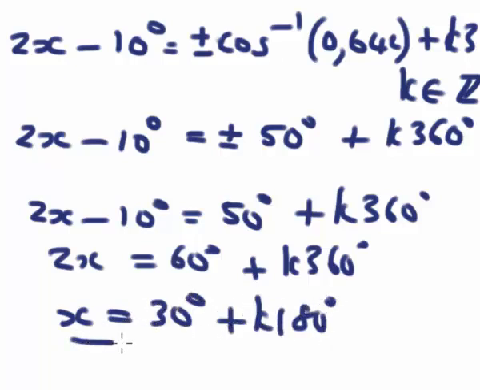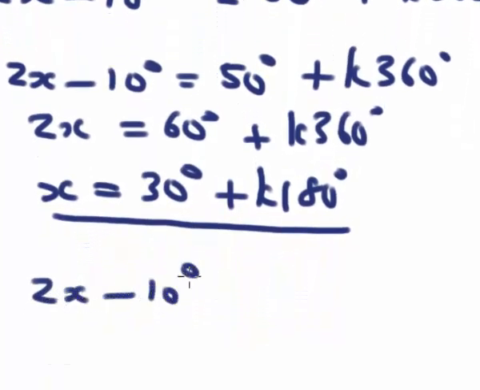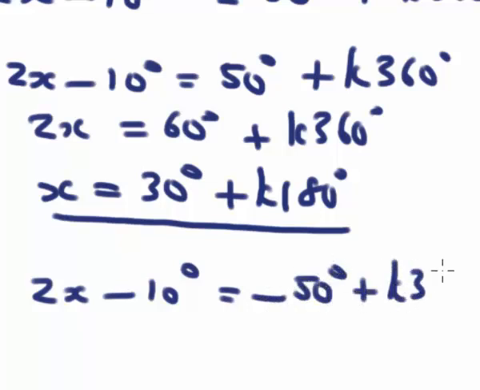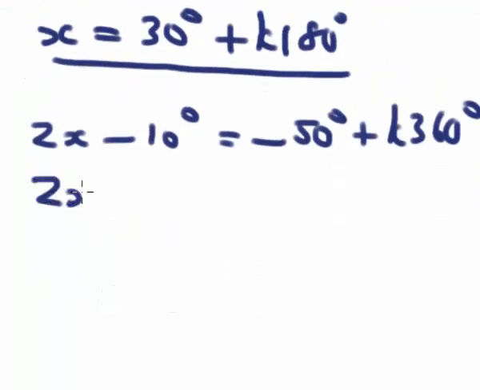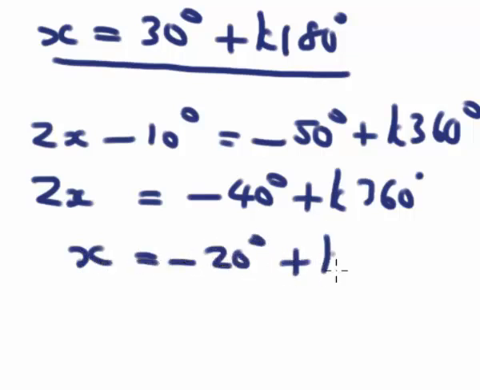Then, of course, we could also go 2x minus 10 degrees is equal to negative 50 plus k 360. Pretty much good stuff here. And then you can say 2x is equal to, well, negative 50 plus 10 is negative 40 plus k 360. And then we just simply divide, and we're left with k 180.